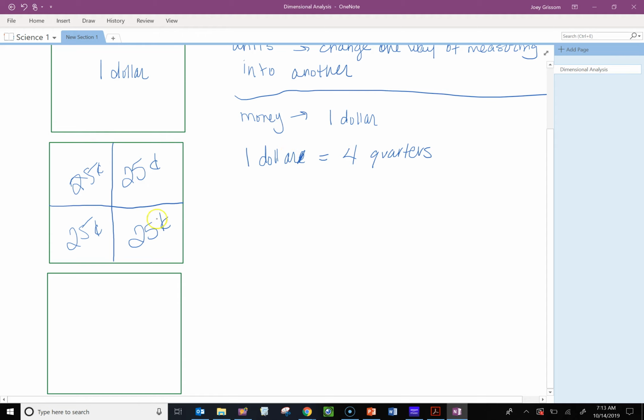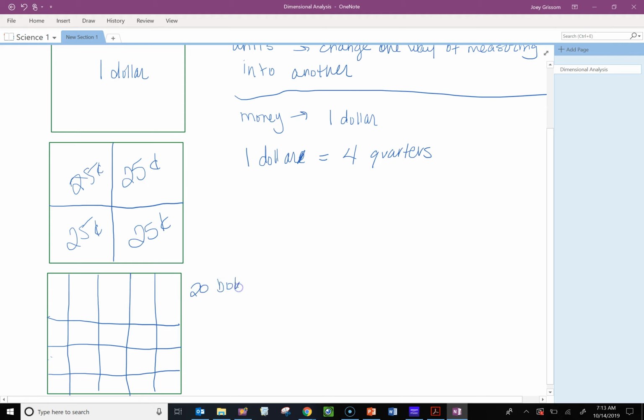Okay, if I want to take that same dollar and split it up amongst more people, I can do that, right? I can take this and split it up into nickels. Right, so if I count this up, I've got in this box now 20 boxes, right?